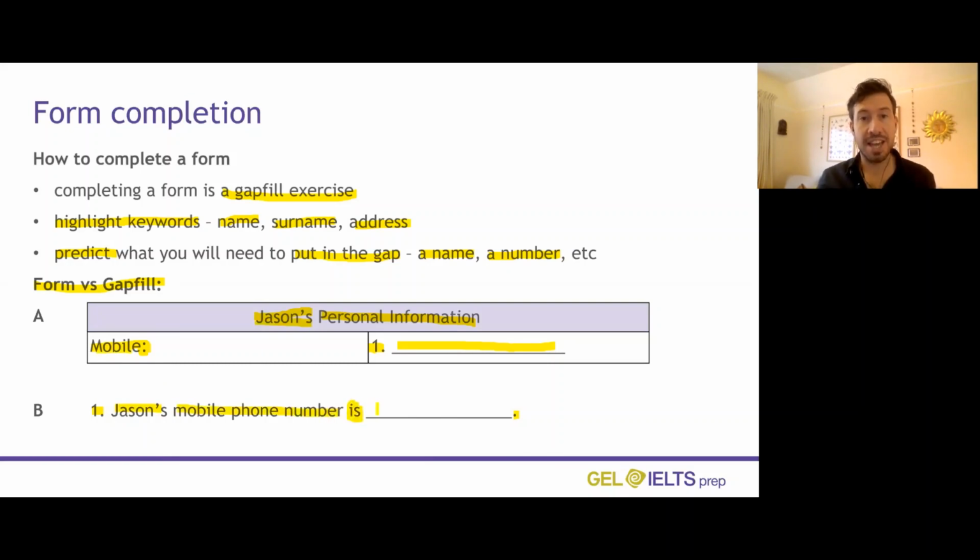It's got "is", and here we'd need the phone number like we do here. So it's basically the same, but it's just organized a little bit differently. You'll see in forms, you don't need verbs. But in a gap fill, in a sentence, you need verbs, that kind of thing, to connect the ideas together. So they're similar, but a little bit different in their layout.